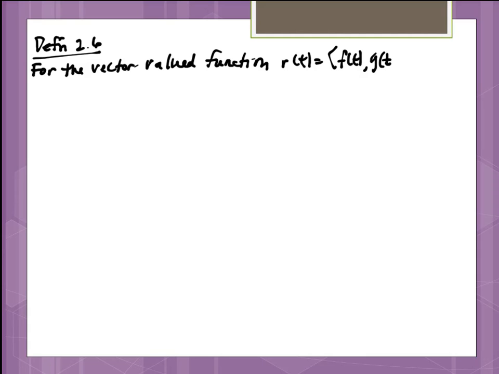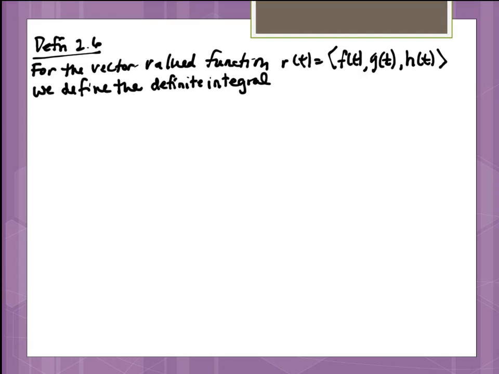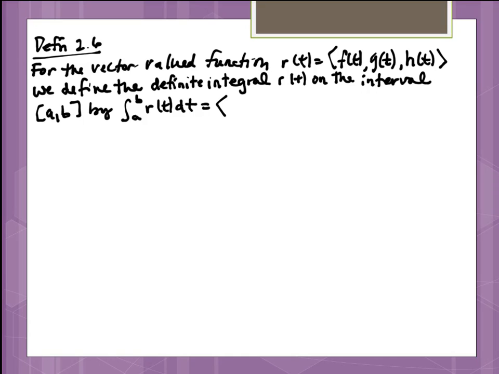Definition 2.6 says the following. For the vector valued function r of t, which is f of t, g of t, h of t, we define the definite integral, this is the other component that you guys were getting at just a moment ago, the definite integral of r of t on the interval [a, b] by the integral from a to b of r of t dt, which is the integral of each of the individual functions.